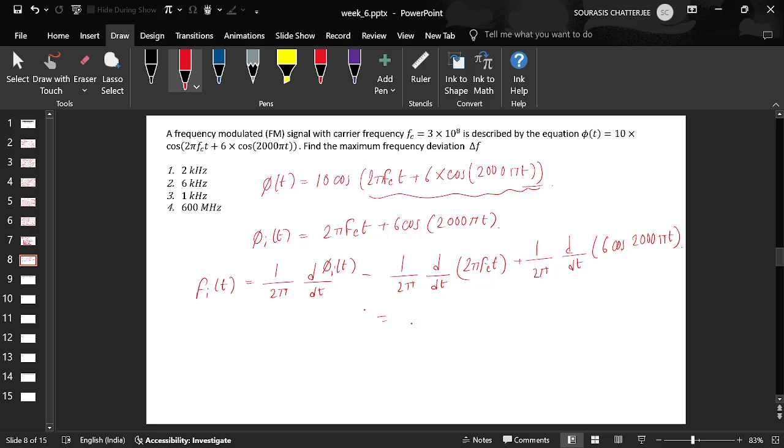So here we obtain fc plus 1 over 2 pi into 6 into 2000 pi sine of 2000 pi t.